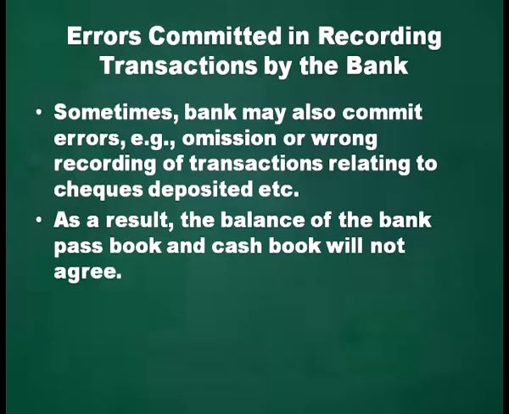Errors committed in recording transactions by the bank. Sometimes the bank may also commit errors like omission or wrong recording of transactions relating to checks deposited, etc. As a result, the balance of the bank passbook and cash book will not agree.